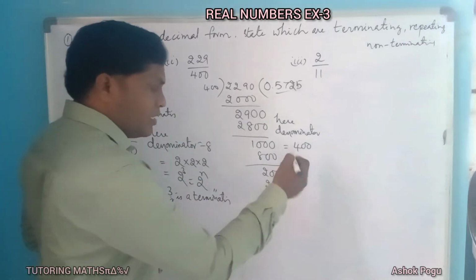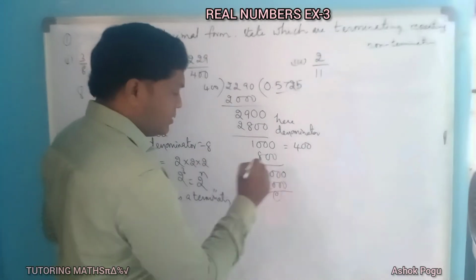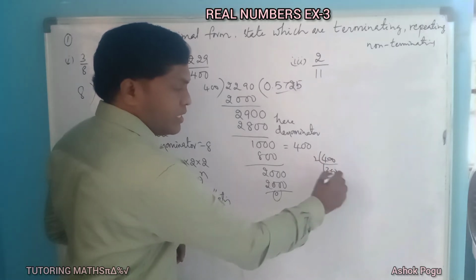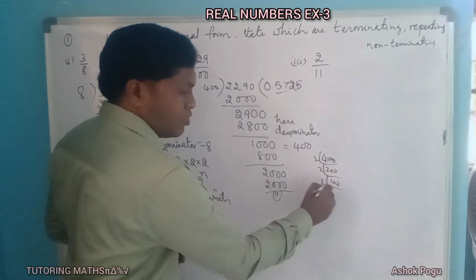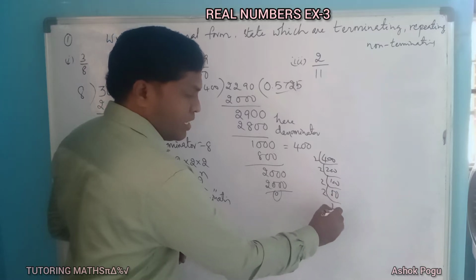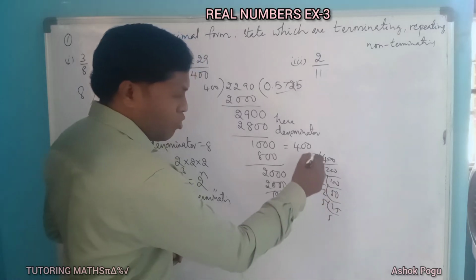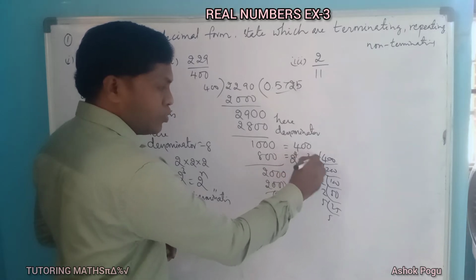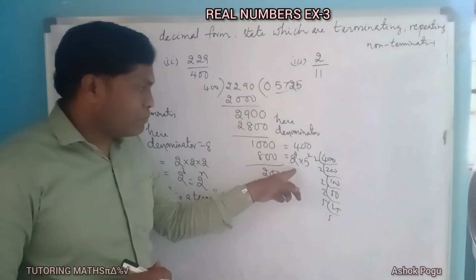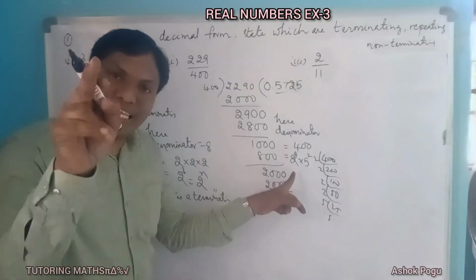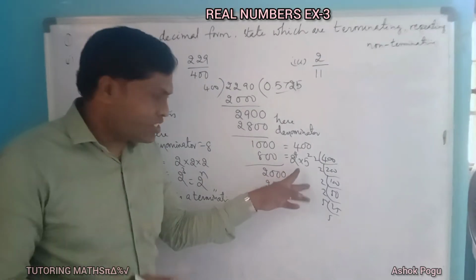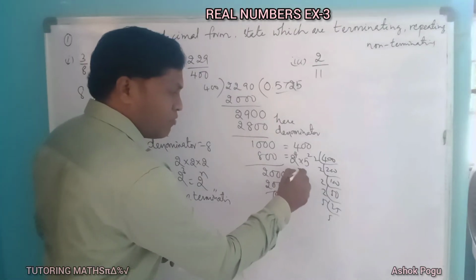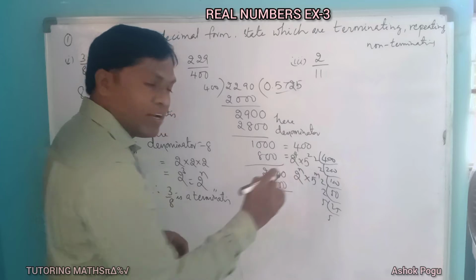You can take like this: 400, 200, 200, 250, 225, 5 5. That means there are four 2s and two 5s. Now the denominator 400 is expressed in prime factorization as 2 power 4 into 5 square, which is in the form of 2 power n into 5 power m.